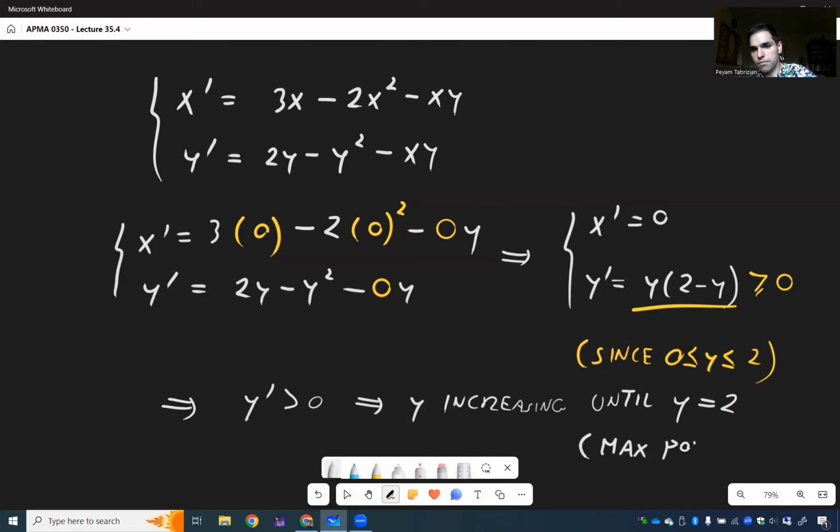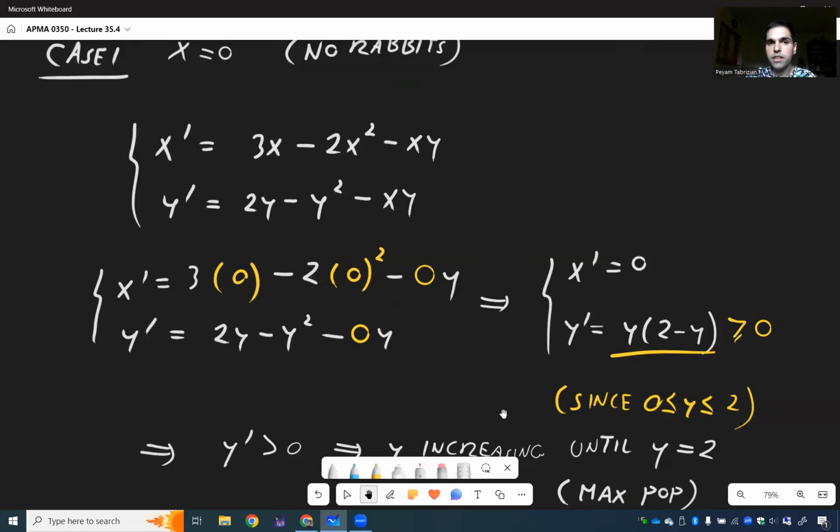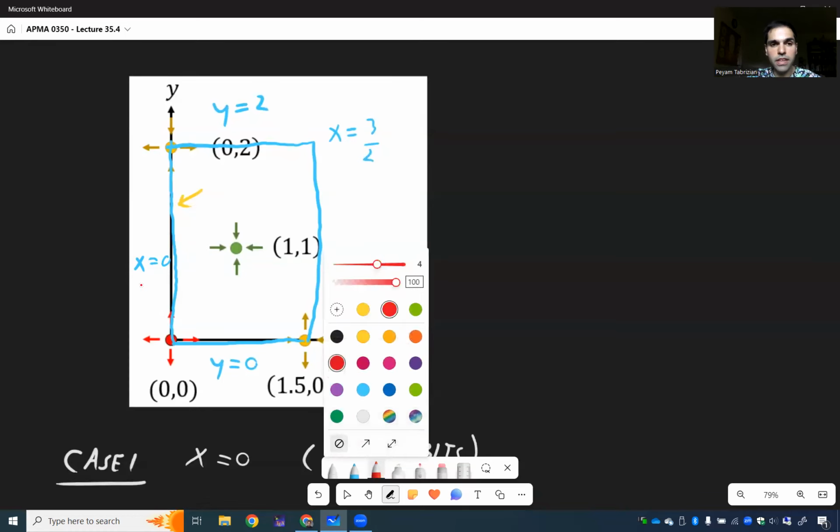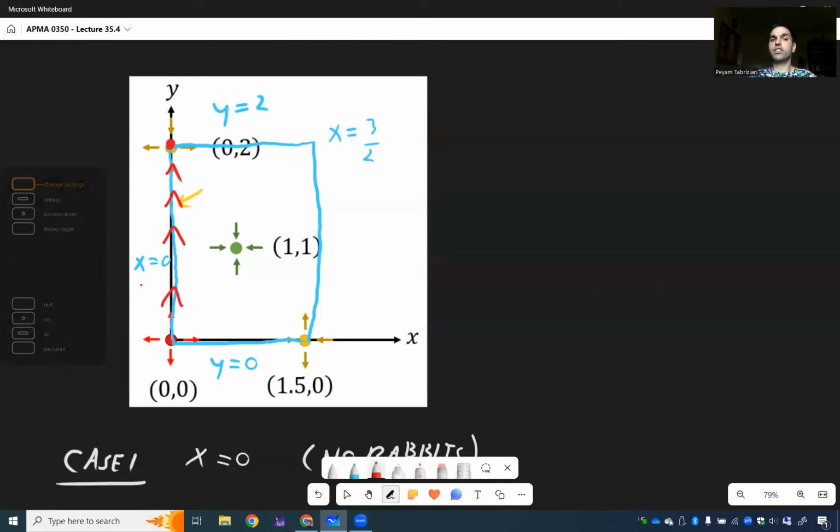Max population. And you can see this in the picture above. So again, if there are no rabbits, then the sheep population will increase until we reach the population of 2. So already by studying this axis, we can figure it out.